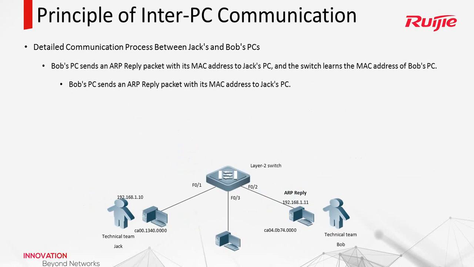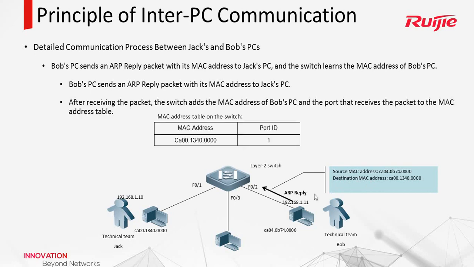When Bob's server sends the ARP reply packet to the switch, we can find that the source MAC address is Bob's server, and the destination MAC address is CA00, Jack's PC. This is because Bob's server can check the ARP table, and it already knows the destination. So the ARP reply is a unicast packet.